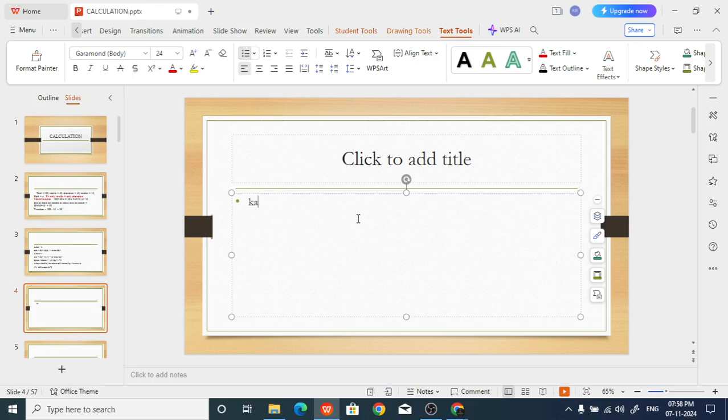But see, Kavinaya will take 10 days to read a book of 300 pages. So how many days will Kavinaya take to read 150 pages?